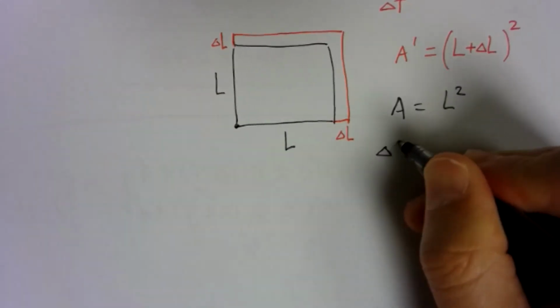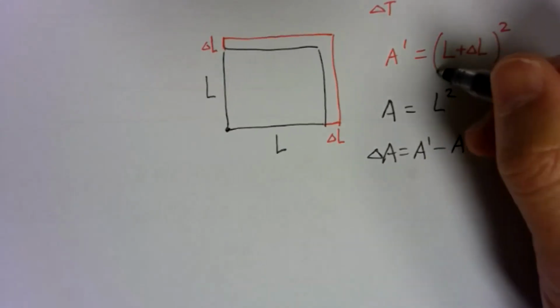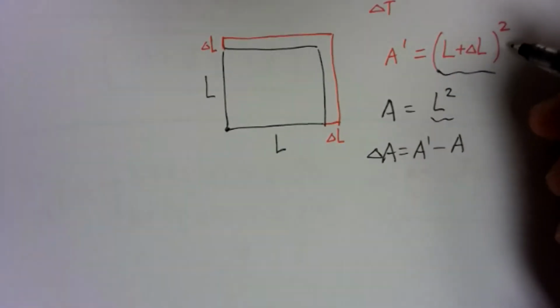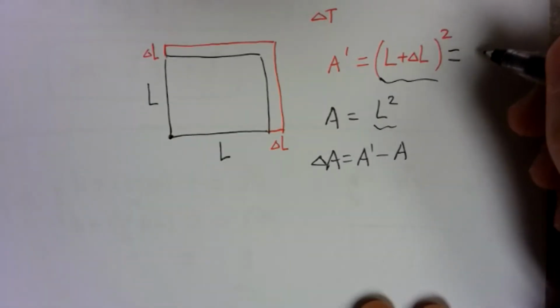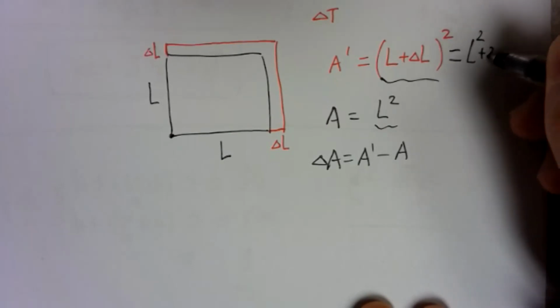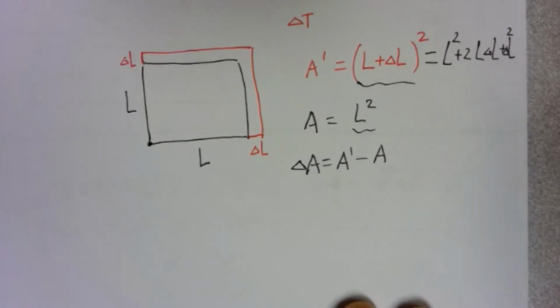The change in area is A prime minus A. If you expand this, it's like (a plus b) squared, which equals a squared plus 2ab plus b squared.